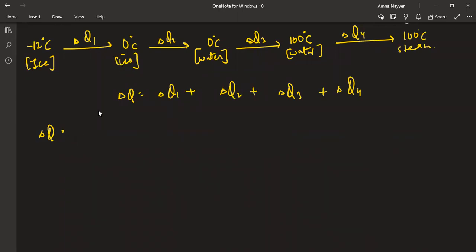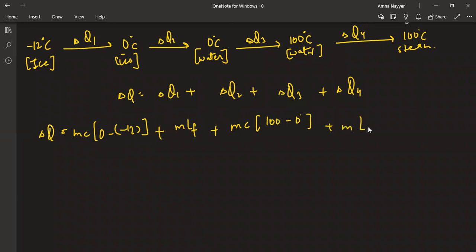Delta T will be final 0 minus initial minus 12. This is Q1. Then Q2, where state is changing, so I'll use m L, and this is fusion. Then again m c delta T, which is final minus initial. Then again I will use m L, but this will be vaporization.